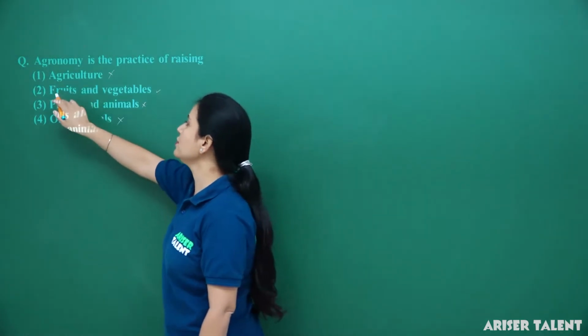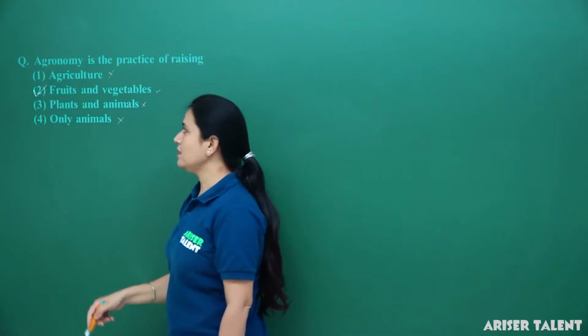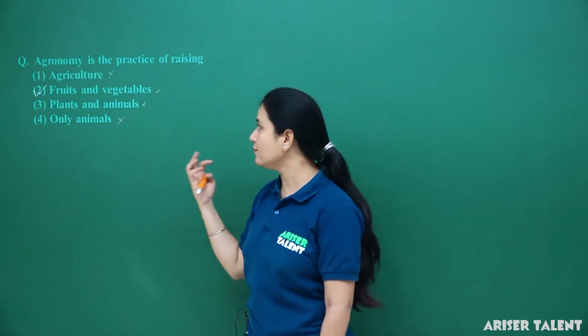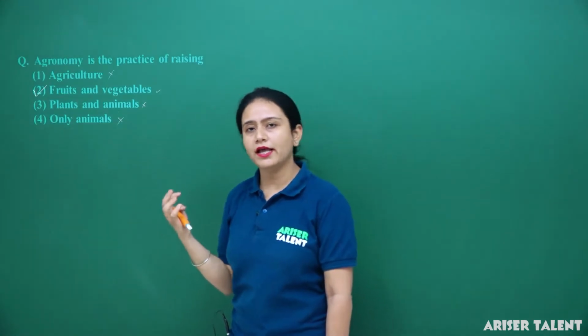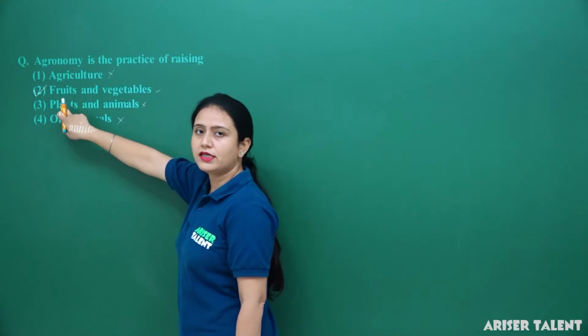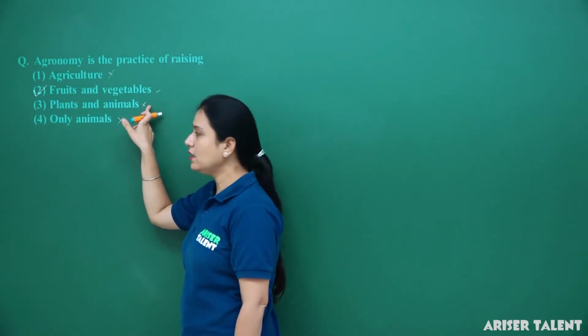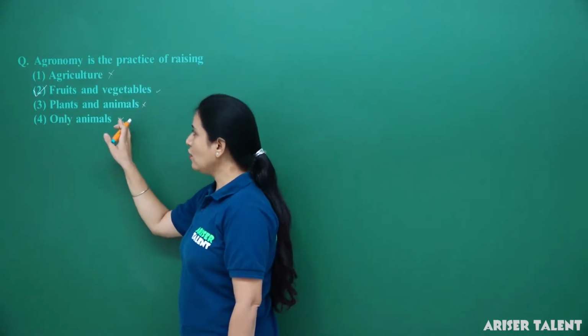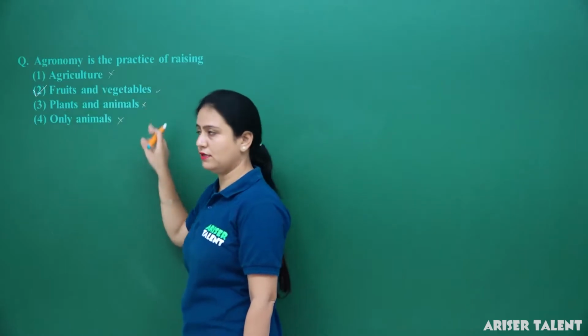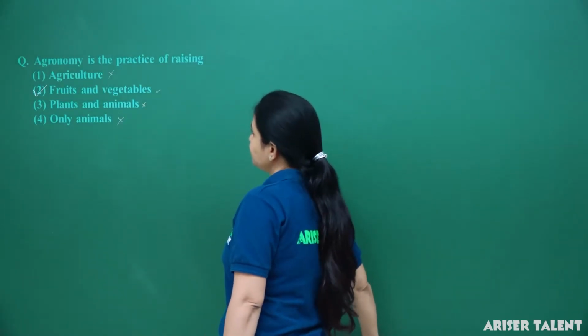So the correct option is fruits and vegetables: the practice of raising fruits and vegetables is known as agronomy, because if it is related to plants, that is agriculture, and if it is related to animals, that is animal husbandry. So these are the wrong options, and the only correct option for agronomy is fruits and vegetables. Option 2.